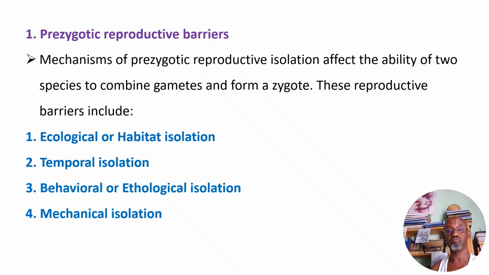So there is no peaceful sex. The female will not allow it because it's painful; nobody resists severe pain. Can the male inseminate the female? No. If there is no insemination, there is no fertilization, no zygote formation. Therefore, they remain different species because of mechanical isolation.